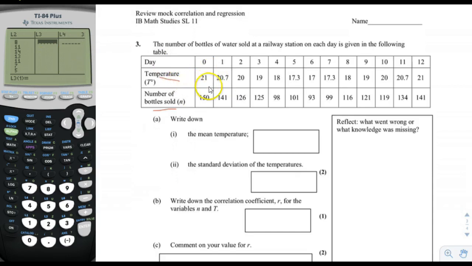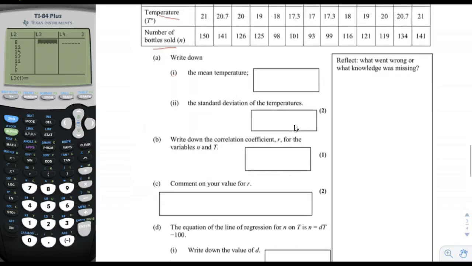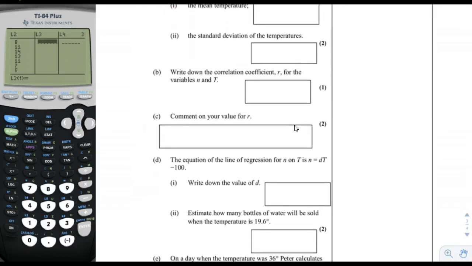Okay, so let's see. One thing I kind of want to know is which one of these is X and which one is Y. And let's see if I look to the bottom of the test, can I? Oh, there's a clue right there. Look, they give us the equation for a line, and the N is in the Y position, and the T is in the X position.